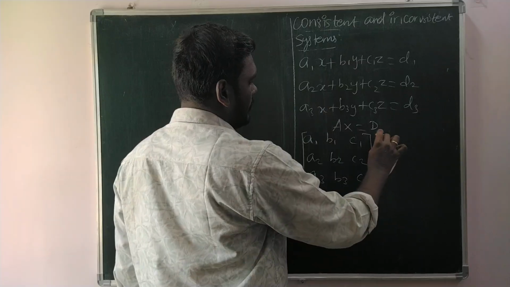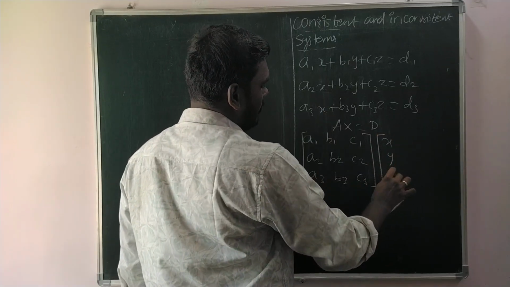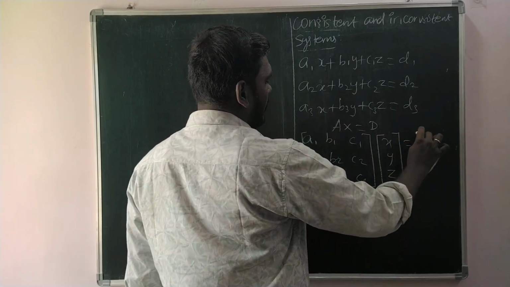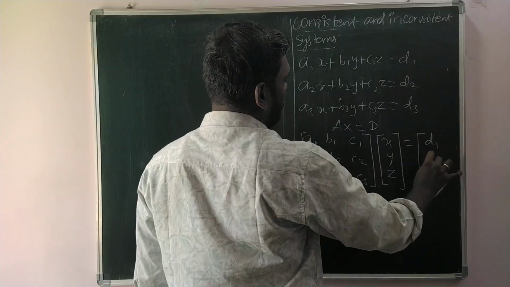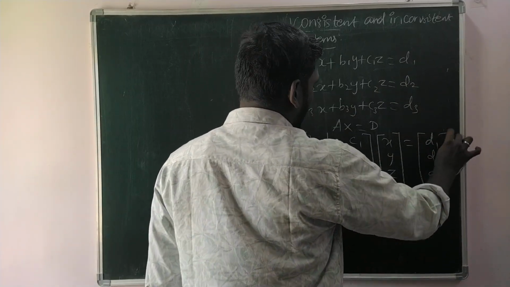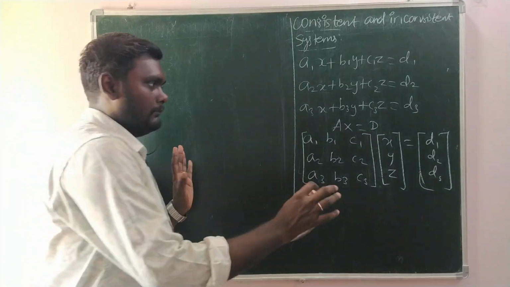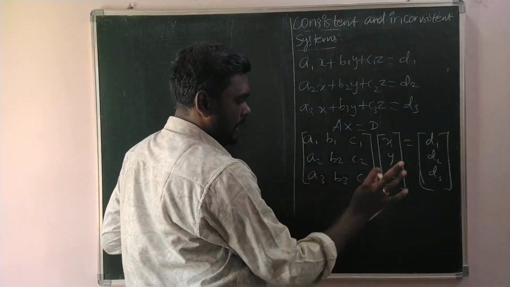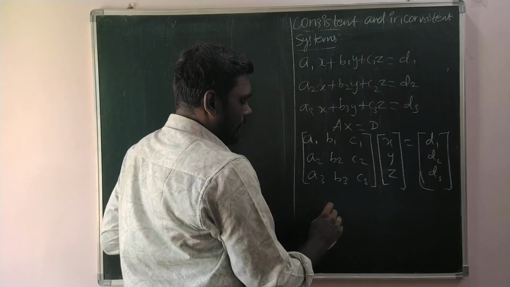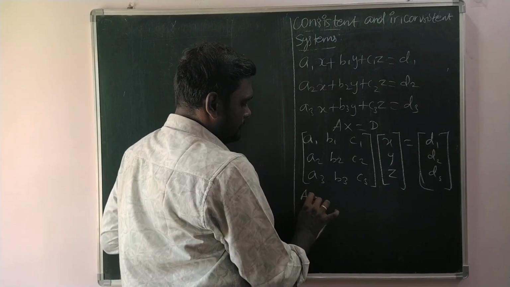X is the variable matrix X, Y, Z, and D is the other matrix D1, D2, D3. Now this system is represented as AX is equal to D, and we can write the augmented matrix, right?